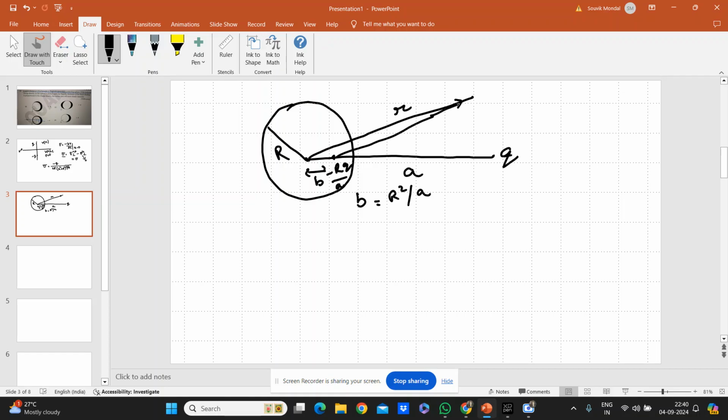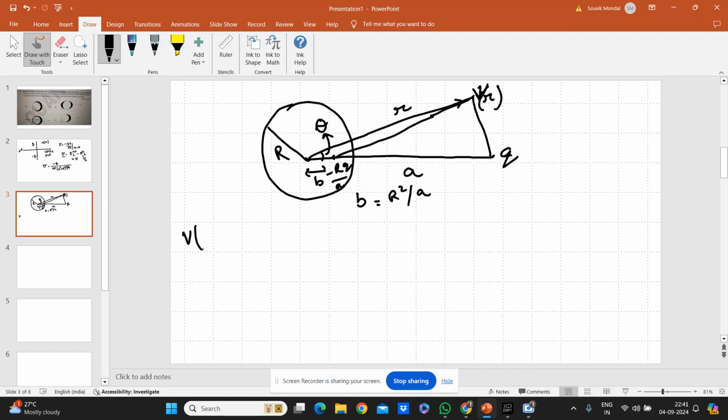So let's join this line. You have the position r, you have the distance b, you have the distance a, and let's assume the angle is theta. This point is where we want to calculate V(r).